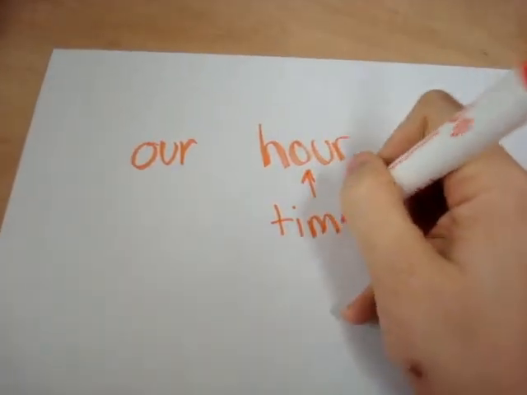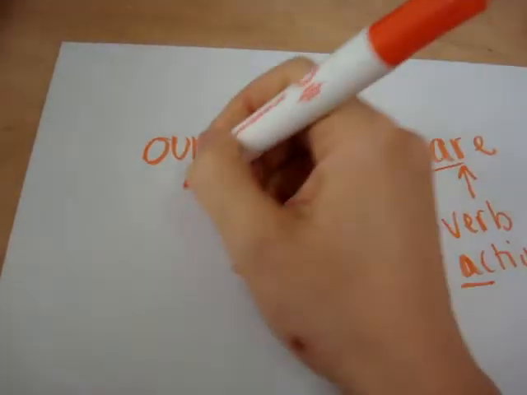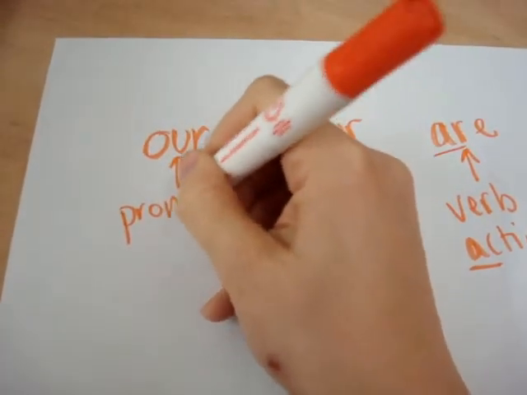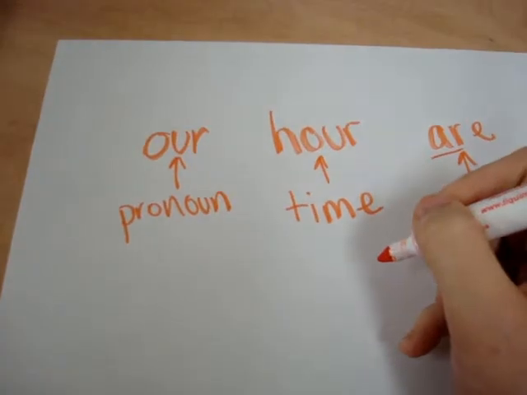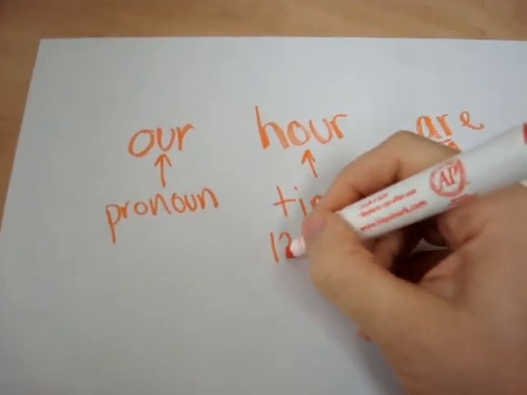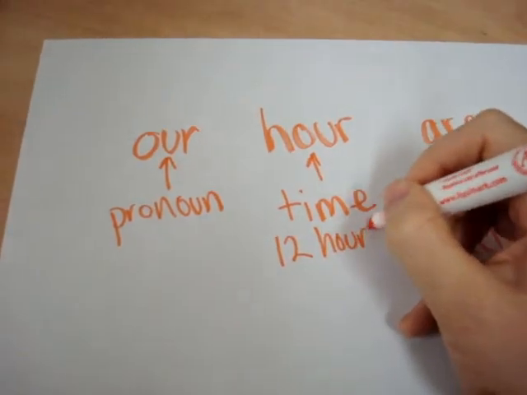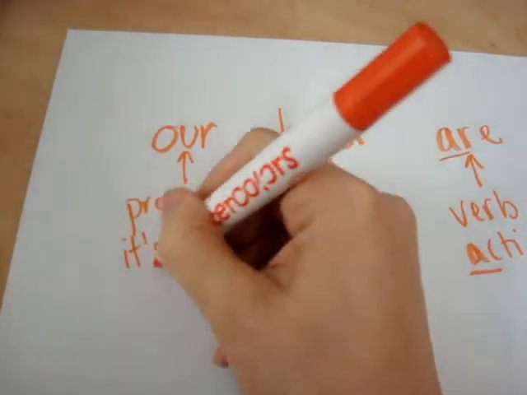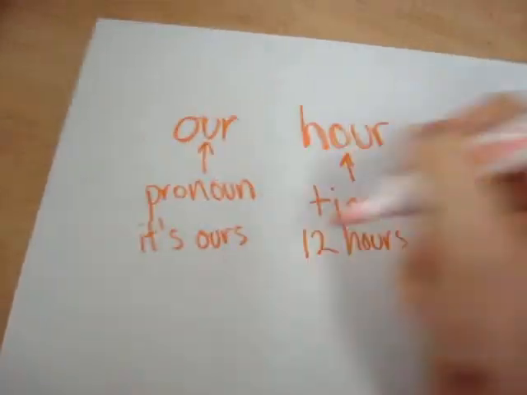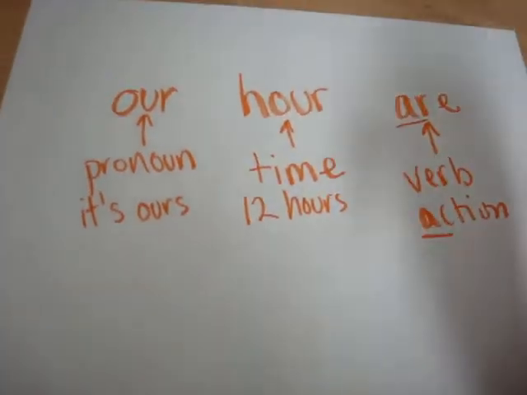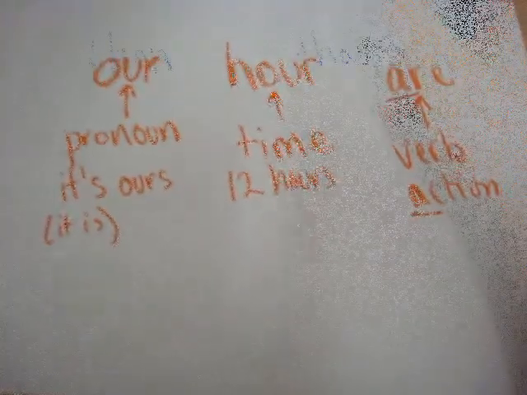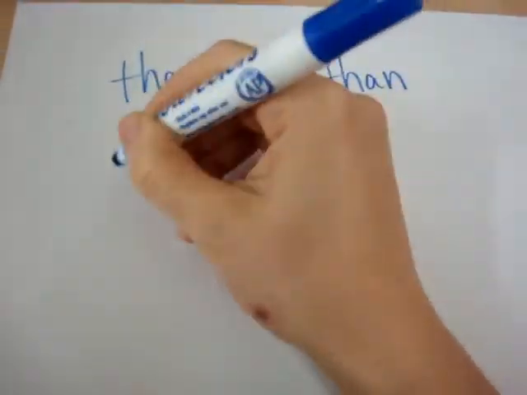The one that starts with an H is the time, and the one that starts with an O is the possessive pronoun. So you would say 12 hours with an H, but you would say it's ours to indicate that it belongs to us. Notice, it's there has an apostrophe, so it's it is.